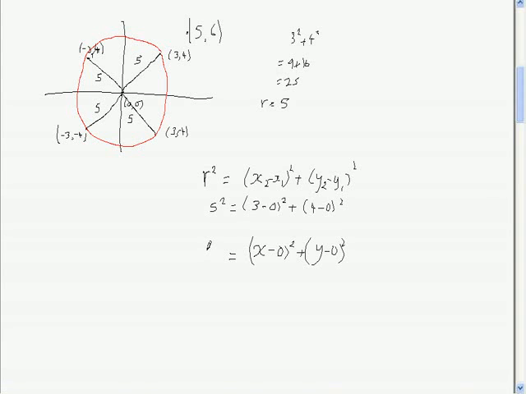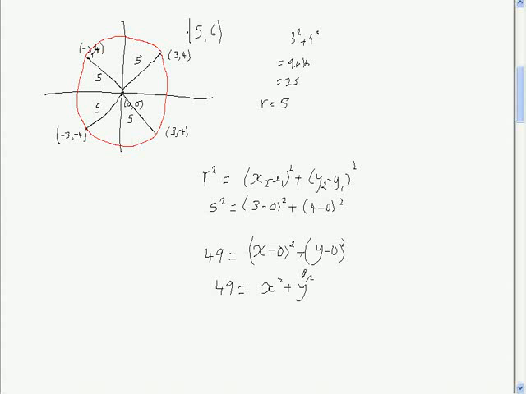The radius could be anything that I want it to be. I could say I want a radius of 7, so therefore radius squared is 49. If I solve this, x minus 0 is still x, so it's x squared plus y squared is equal to 49.